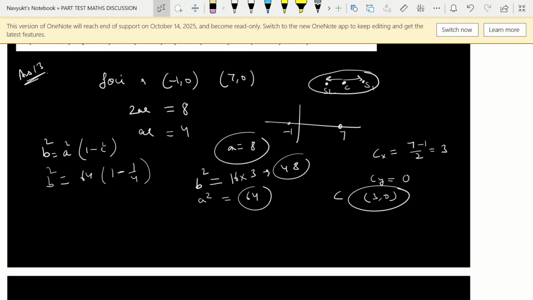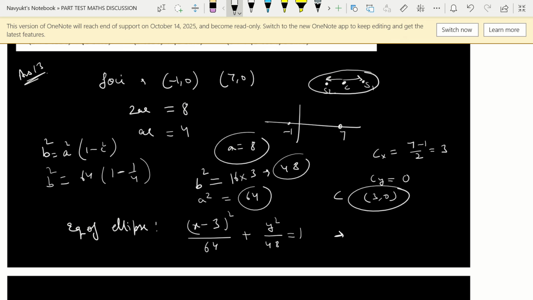Finally, we can write the equation of the ellipse as x minus 3 whole square upon a square 64 plus y square upon b square, which is 48, equals to 1. So this gives us the parametric points as well, because parametric points we know for an ellipse with center origin are a cos theta and b sin theta, right?